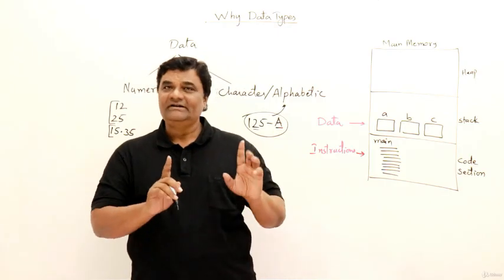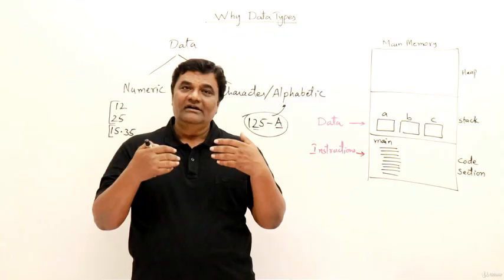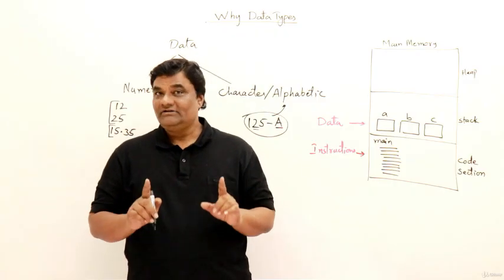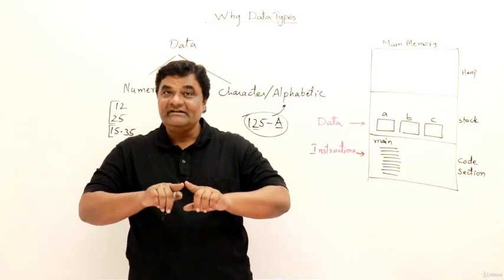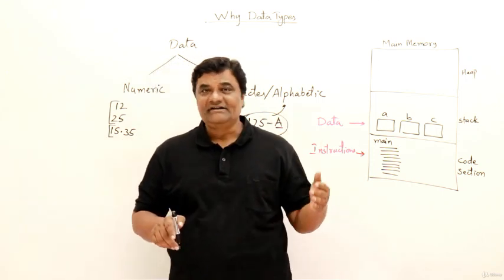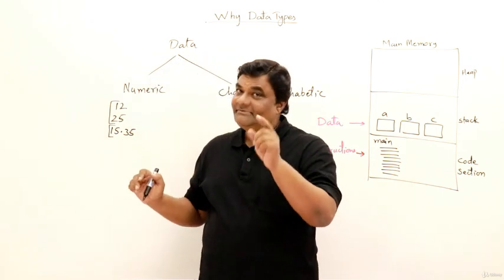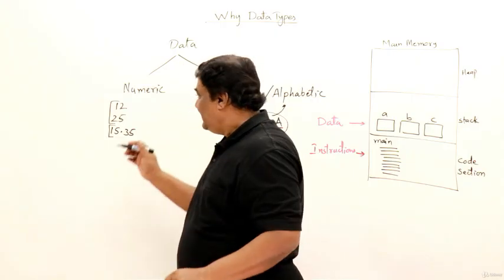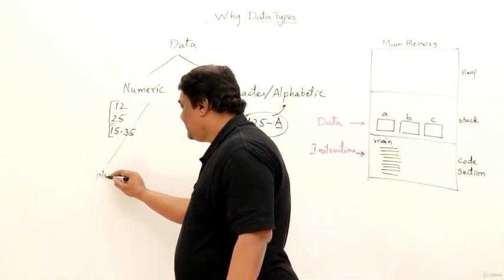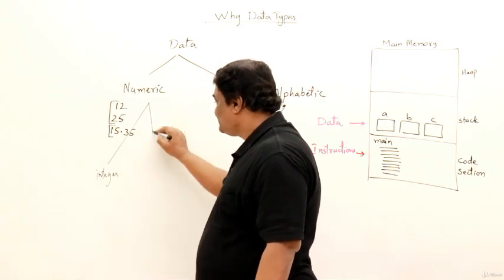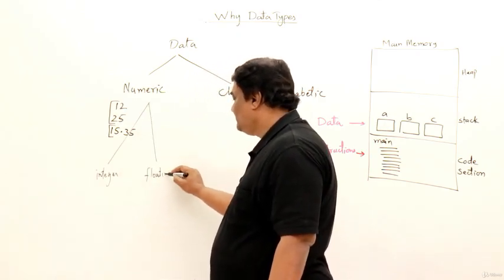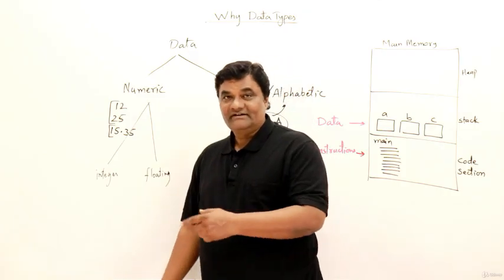So all electronic devices like computer or your mobile phone or calculator, anything if you take, all electronic devices where numbers are used, they treat these two numbers differently because extra effort is required for representing a decimal point number. So I will categorize these numbers as integer, that is without a decimal, and next is floating point, this is with a decimal.